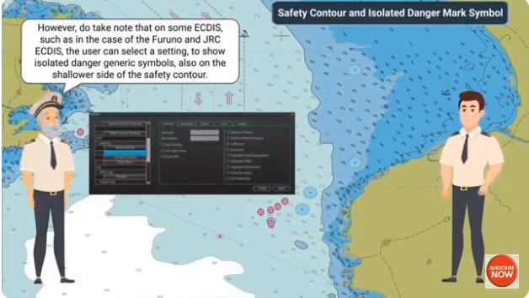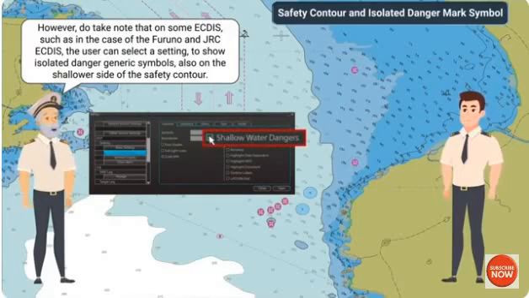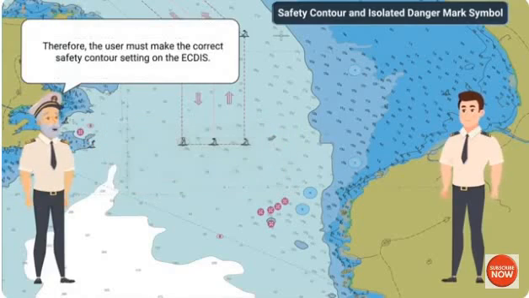However, do take note that on some ECDIS, such as in the case of the Furuno and JRC ECDIS, the user can select a setting to show isolated danger generic symbols, also on the shallower side of the safety contour. Therefore, the user must make the correct safety contour setting on the ECDIS.